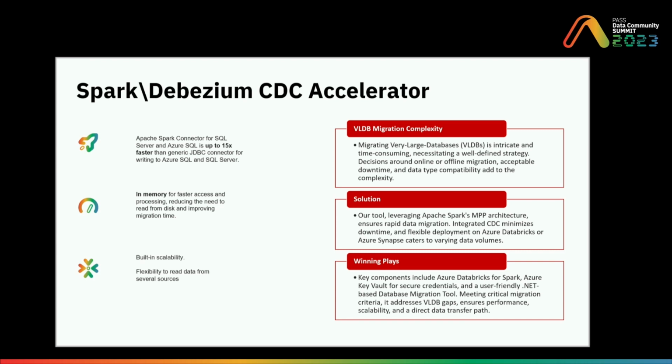This is 15x. We have a TPCC benchmark on this. It is 15x faster than the generic JDBC connector. We have moved a lot of customers' data, in terabytes. There is one public case study as well on this from a customer, so I can refer to that.